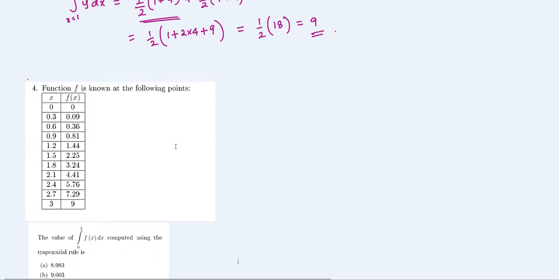So, very simple. Now, what is the value of h? You can see here 0.3, 0.6, 0.9. So h is 0.3.